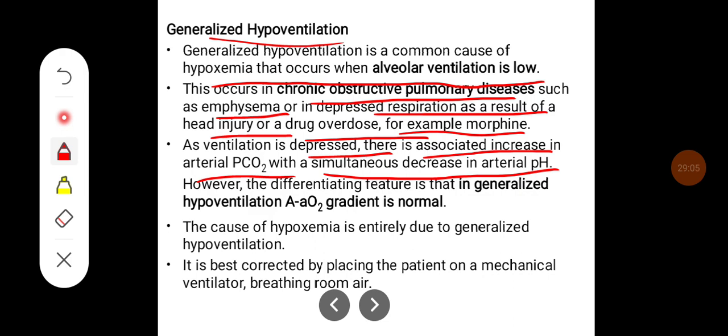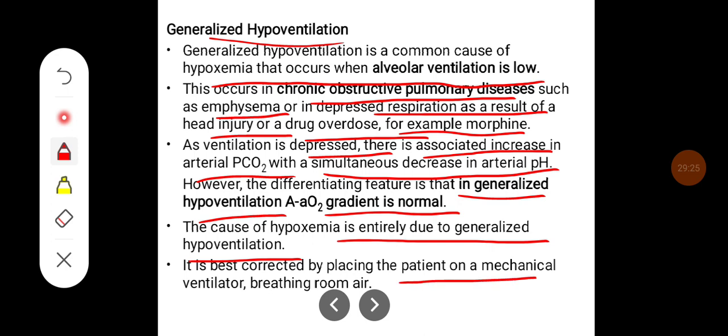However, the differentiating feature is that in generalized hypoventilation, the alveolar arterial oxygen gradient is normal. The cause of hypoxia is entirely due to generalized hypoventilation. It is best corrected by placing the patient on a mechanical ventilator breathing room air.